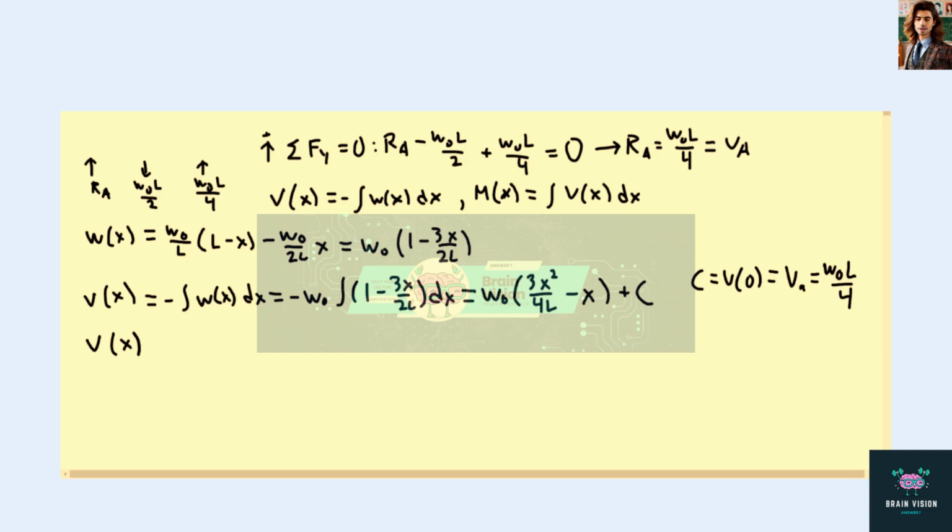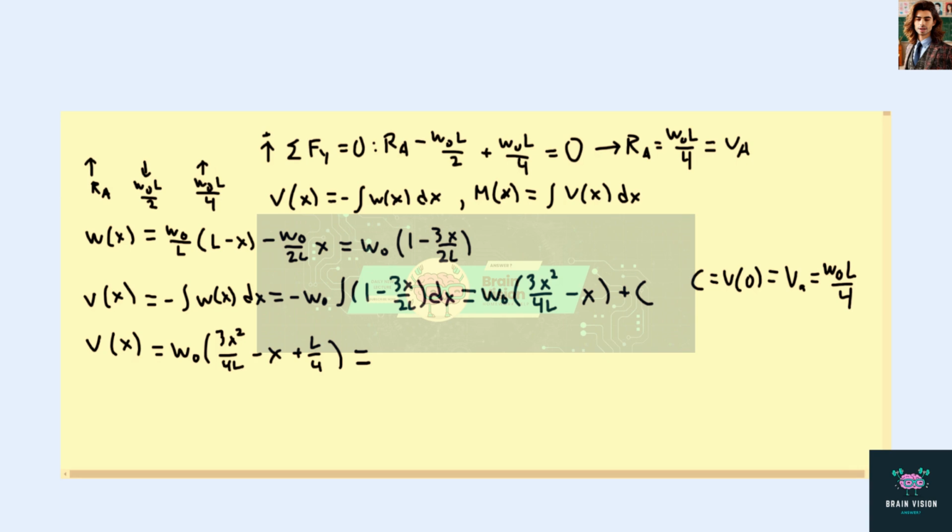Okay, so we can write our V of x as the expression W0 times 3x squared over 4L minus x plus L over 4. And we're going to factor out an L over 4.